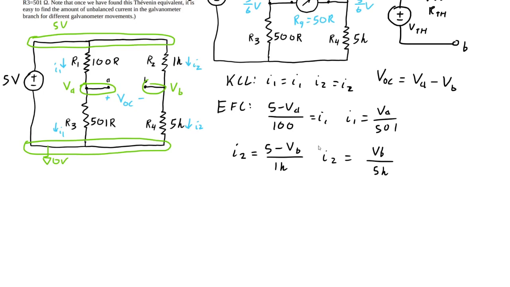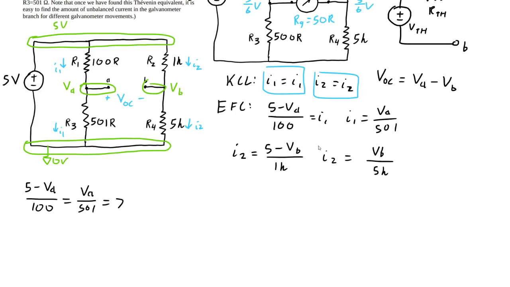To do that, we're going to use our two KCLs that we didn't really have to do, but it's because I1 equals I1, and so on. So if we set I1 to equal itself, (5 minus VA) over 100 equals VA over 501.